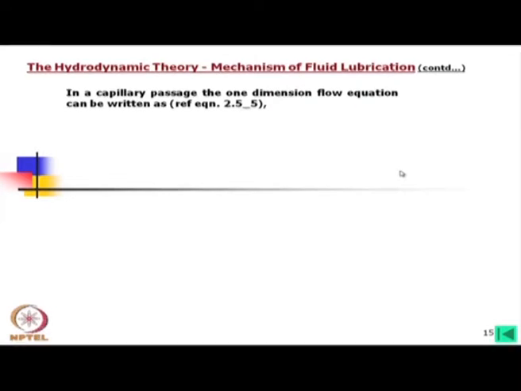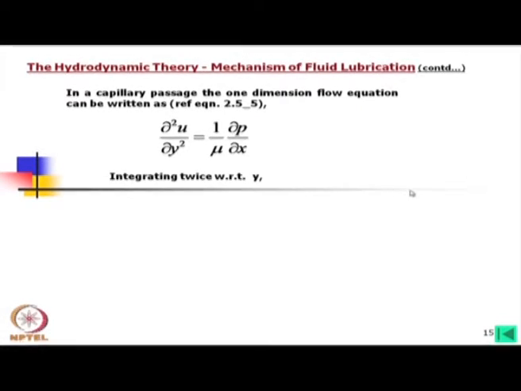So, now we are studying hydrodynamic theory, the mechanism of fluid lubrication. In a capillary passage, the one dimensional flow equation can be written as del square u by del y square is equal to 1 by mu del p by del x, which we have derived earlier, equation 2.5.